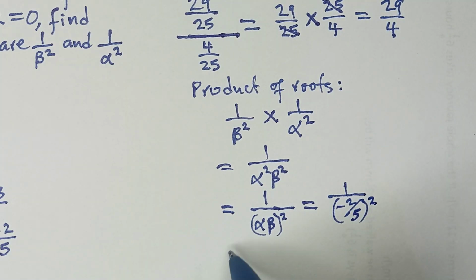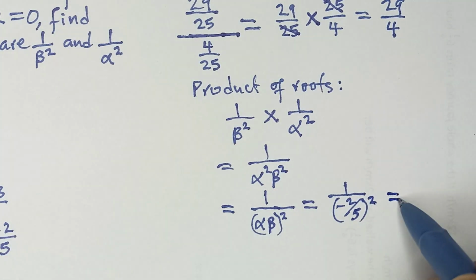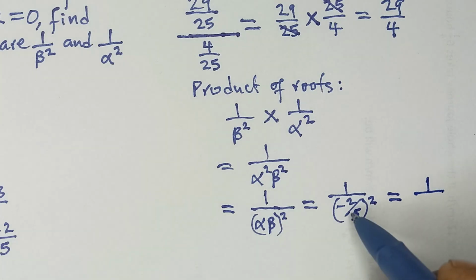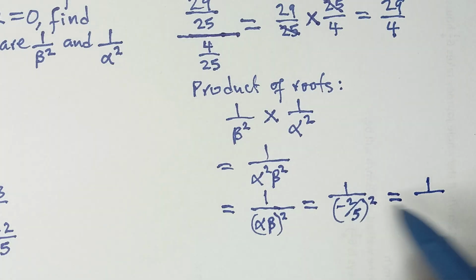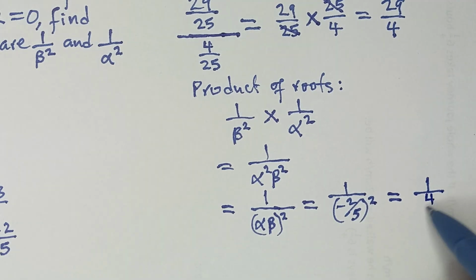If we continue here, it will give me 1 all over, don't forget this negative sign will go because we are squaring now. So 2 square, the square will affect the 2 and the 5. 2 square is 4 and 5 square is 25.